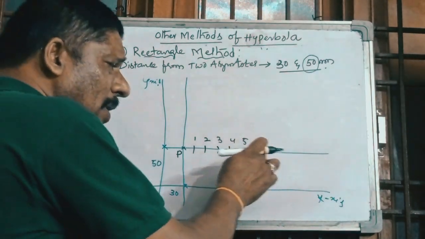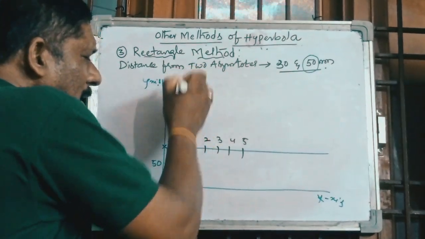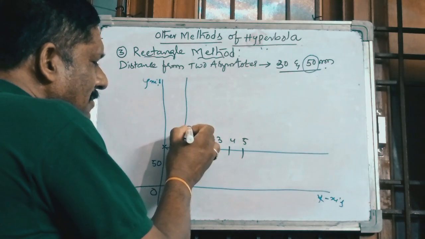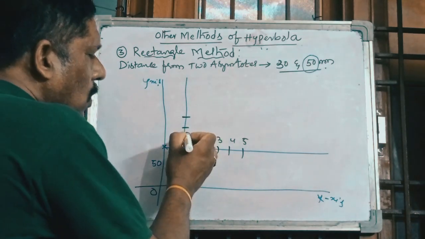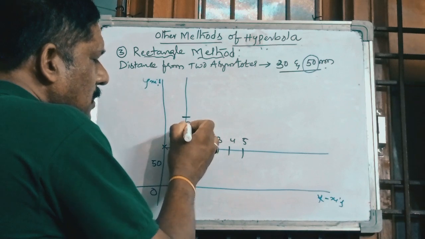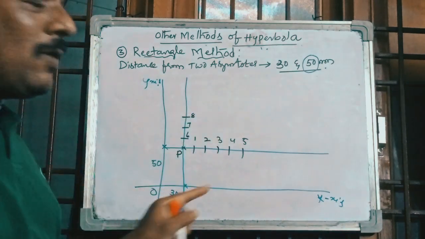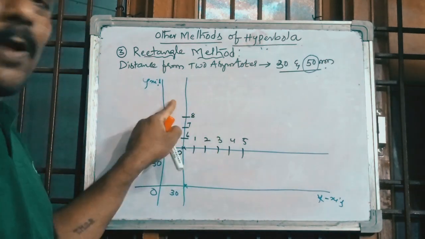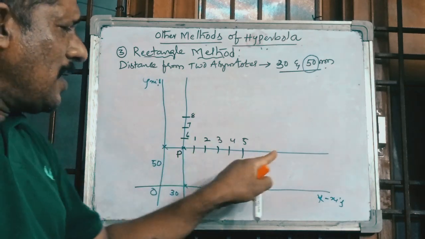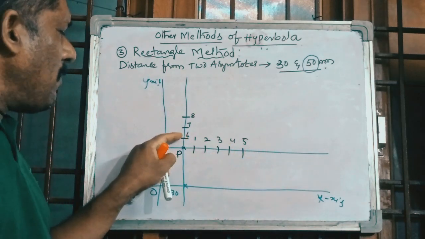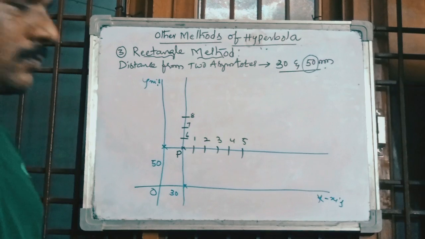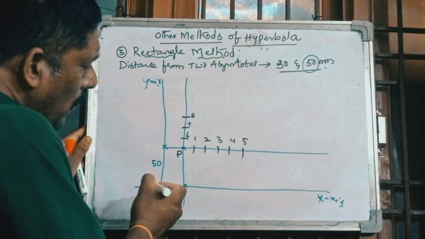On the vertical line, the remaining numbers 6, 7, 8, like that you can go. I am taking only 5 points here and 3 points on this line. Suppose you are taking 8 points here, you can start from 9, 10, 11 like that.